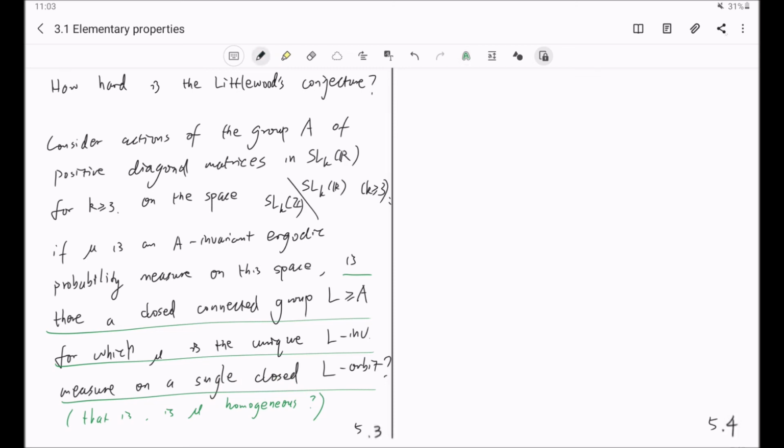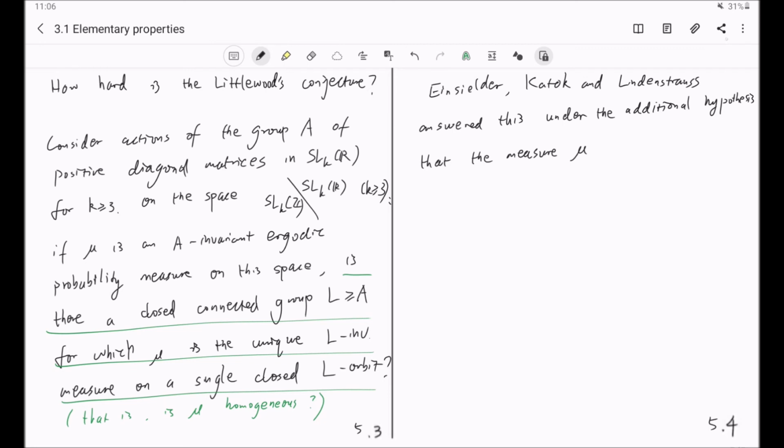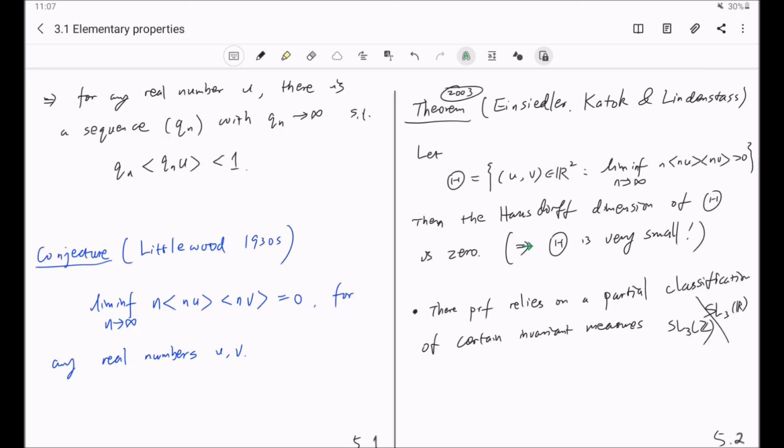And what those three mathematicians, Einsiedler, Katok, and Lindenstrauss, answered this question under the additional hypothesis that the measure mu gives positive entropy to some one-parameter subgroup of A. And this partial answer to this question is used to show that the set of exceptional points for the Littlewood conjecture is extremely small, namely having Hausdorff dimension 0.